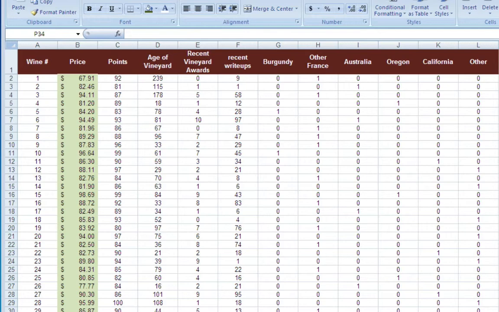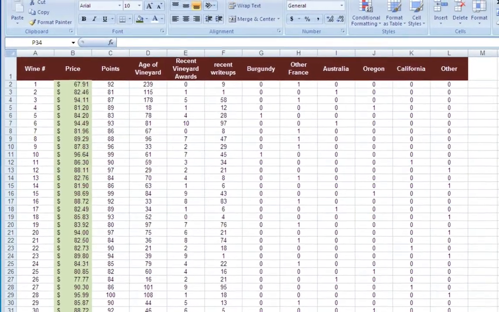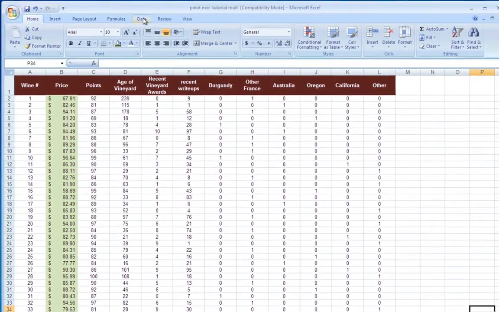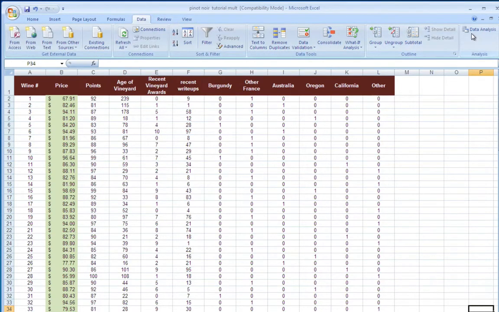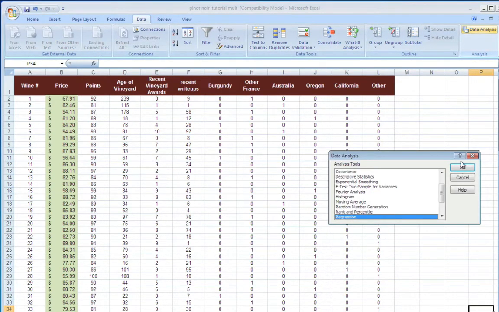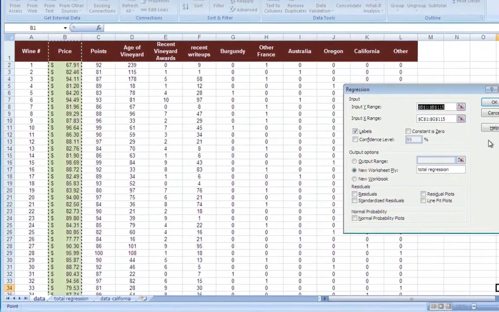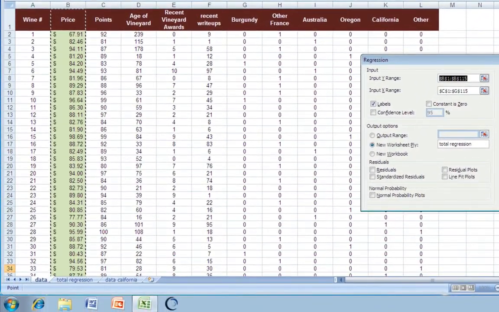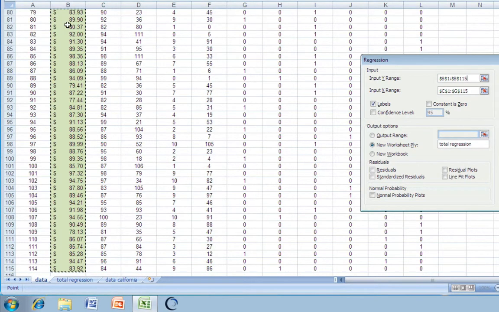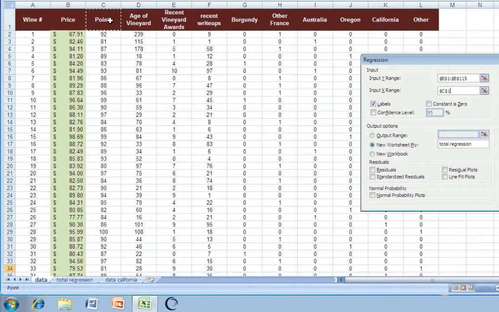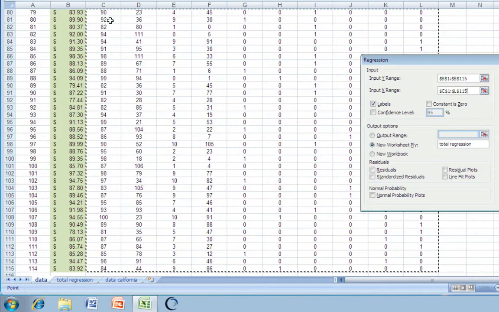So let's try again what we've just done and run a regression over the entire data set. As usual, we start with going to our Data tab, look for Data Analysis, find Regression, and our regression input range Y, still in from before, B1 to B15, but our input X range is now from C1 to L115.